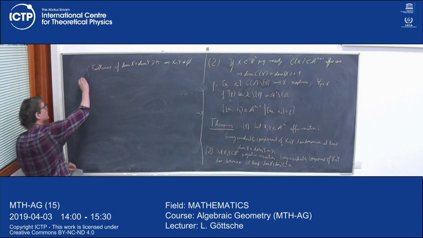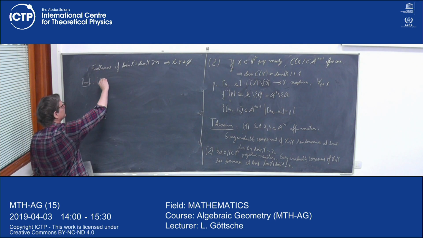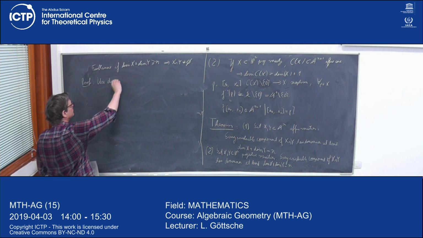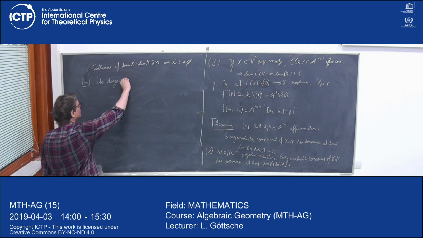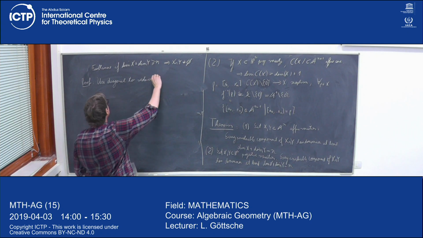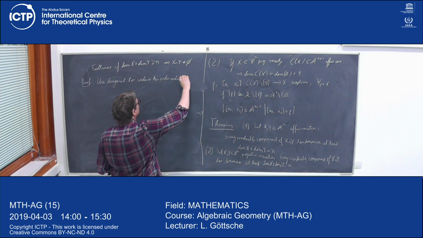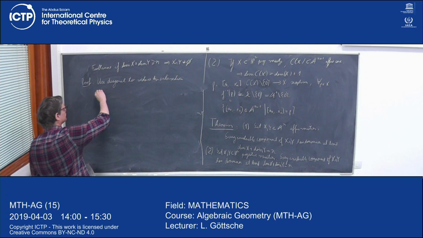So we use a trick. We use the diagonal to reduce to intersection with actually hyperplanes.